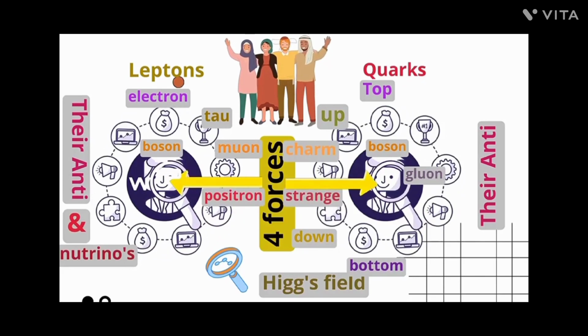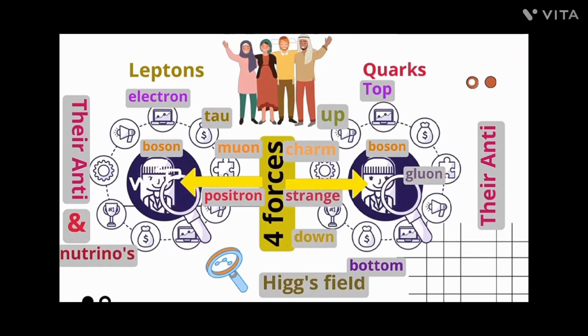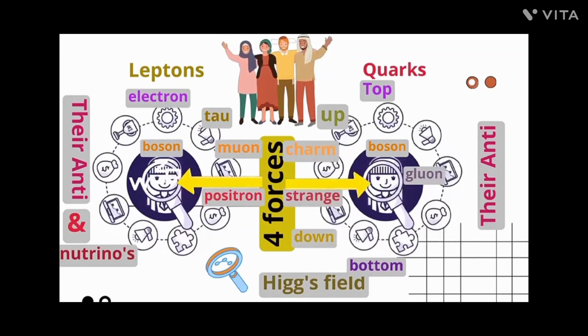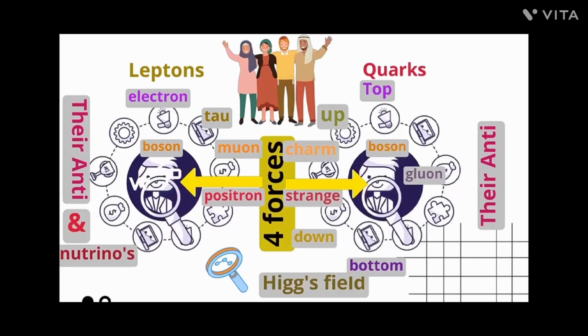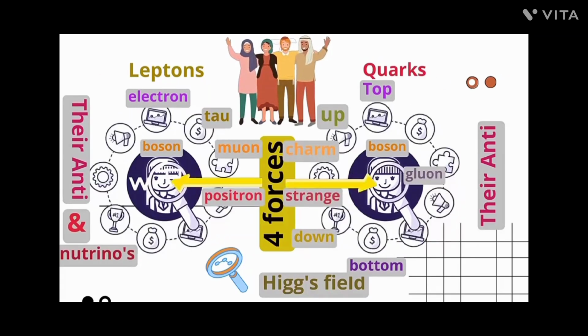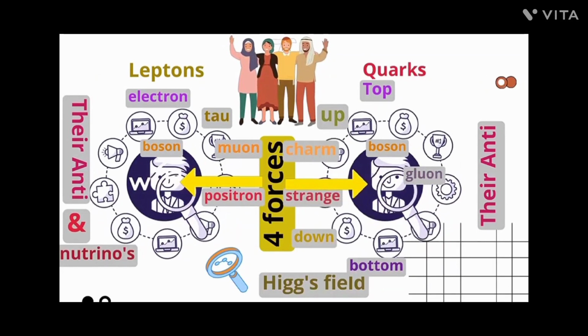These are called bosons. There are W and Z bosons, which are for the weak force, and they help leptons to communicate with each other, like neutrinos.